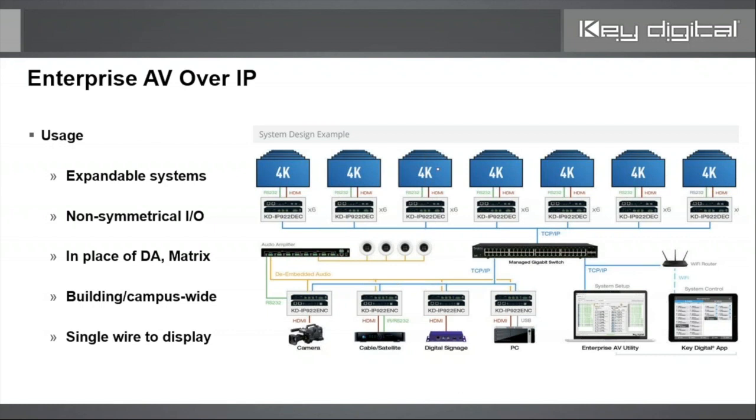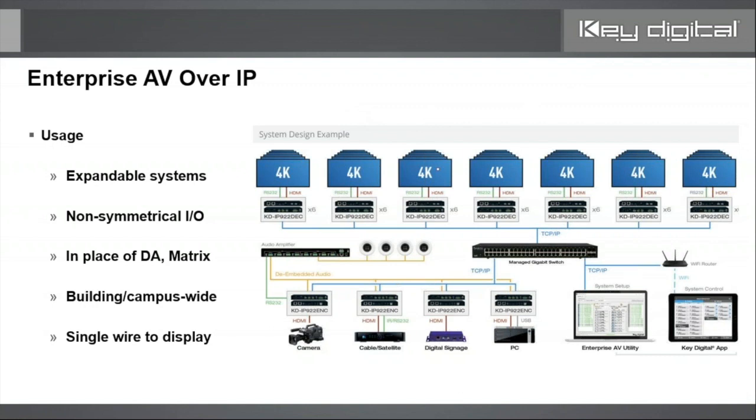The system is completely expandable, and with Key Digital, it is easy to expand your system as well. You do not have to reprogram your system when you expand by adding an additional encoder or decoder for sources or displays. Because it is so flexible, you will use this instead of your traditional 4x4 matrix, 8x8 matrix.